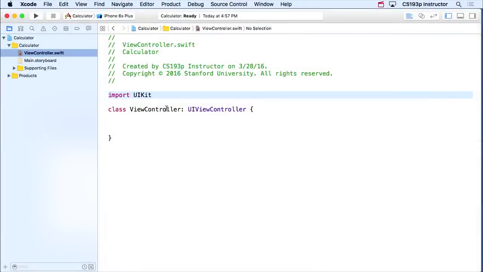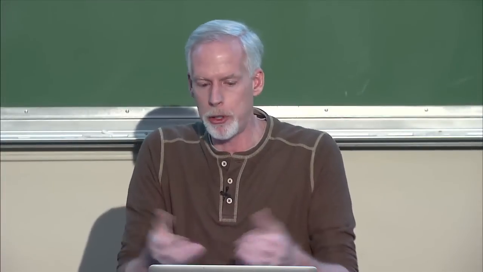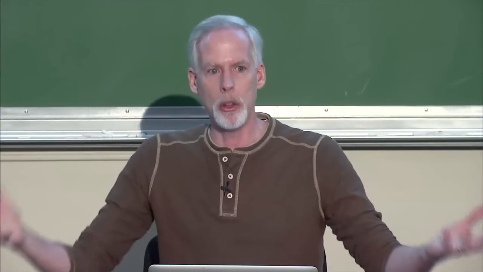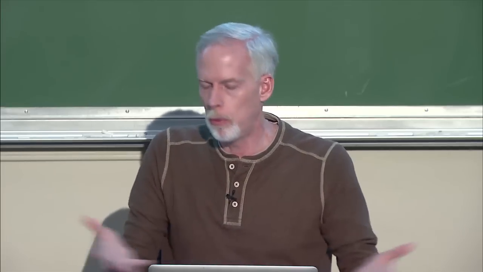This import is kind of like an include or import in other languages, but this is not a file. This is a module. And in Swift, you can group a whole bunch of classes together, and that's called a module. And when you import a module, all those classes will be visible, if they're public classes, to whatever's using it.